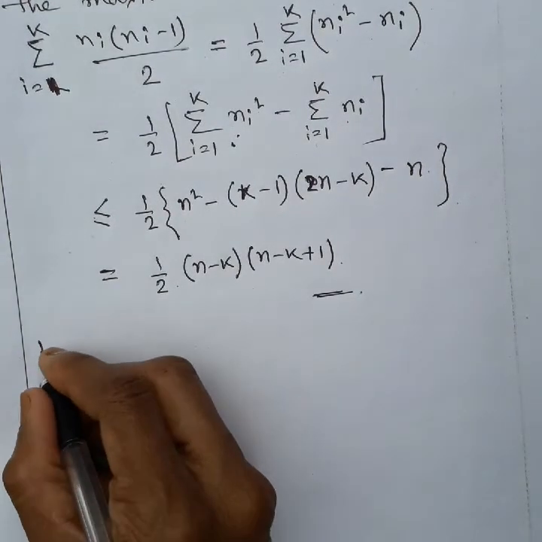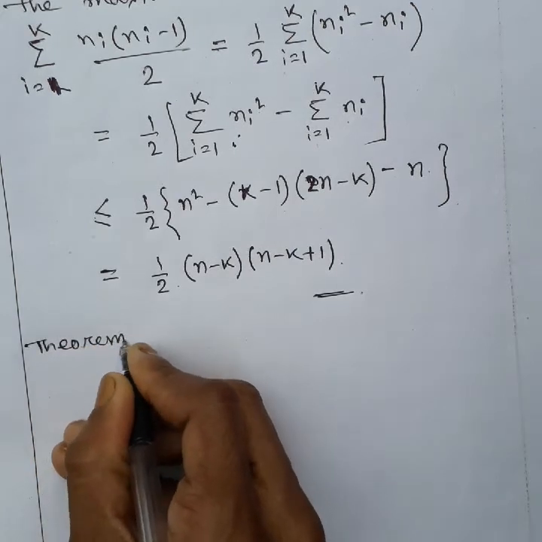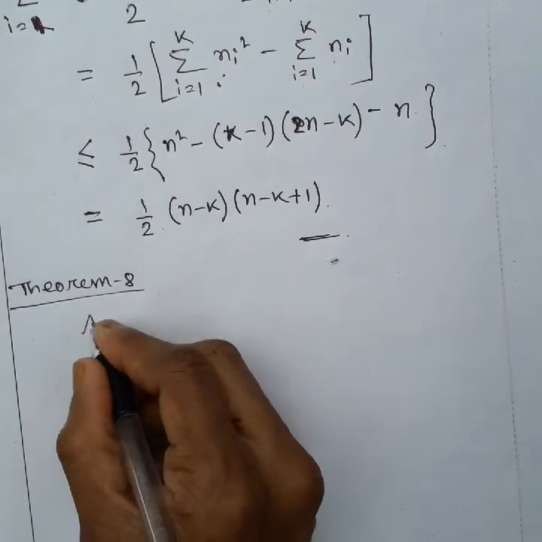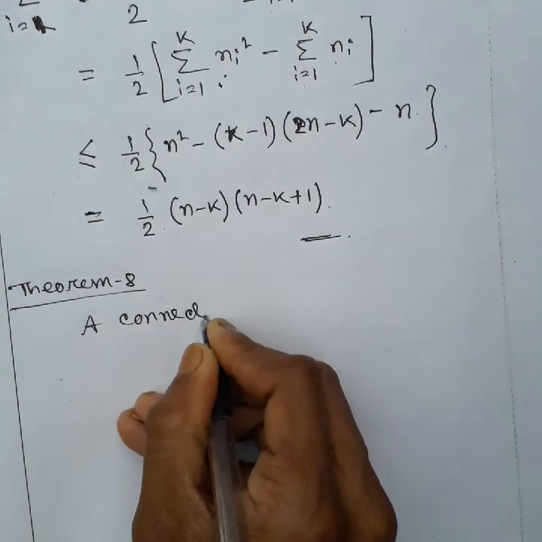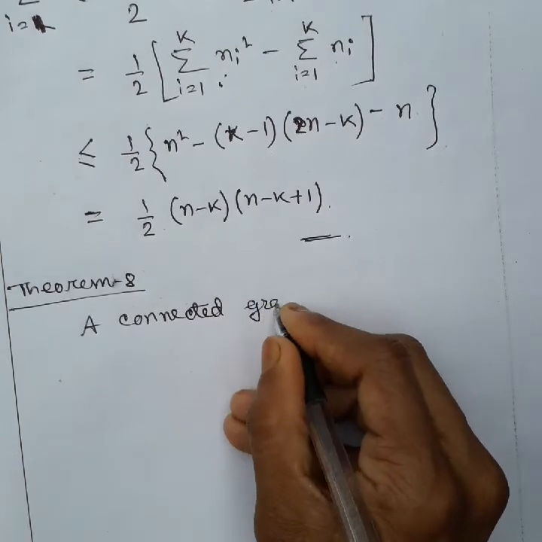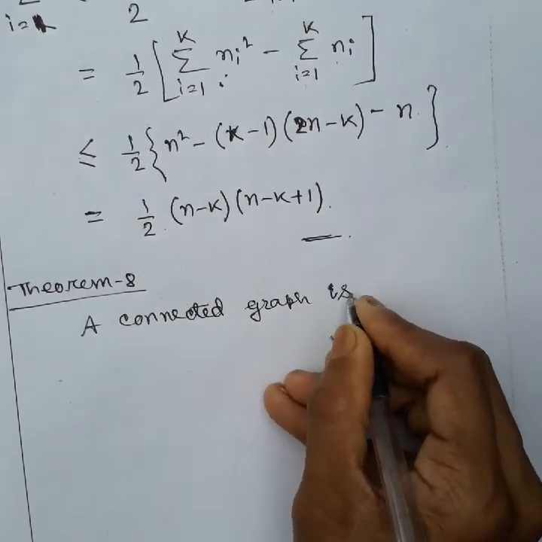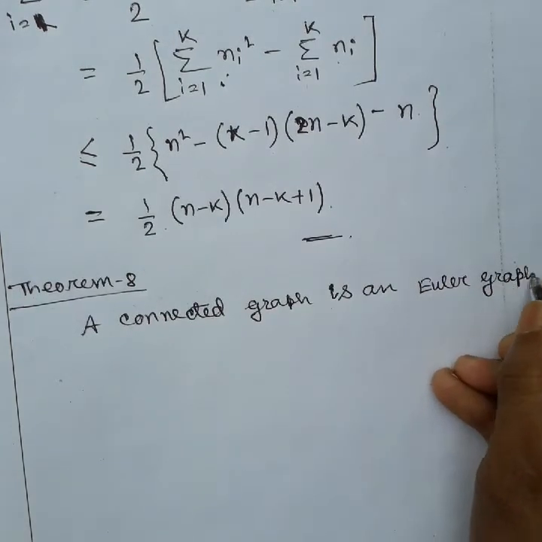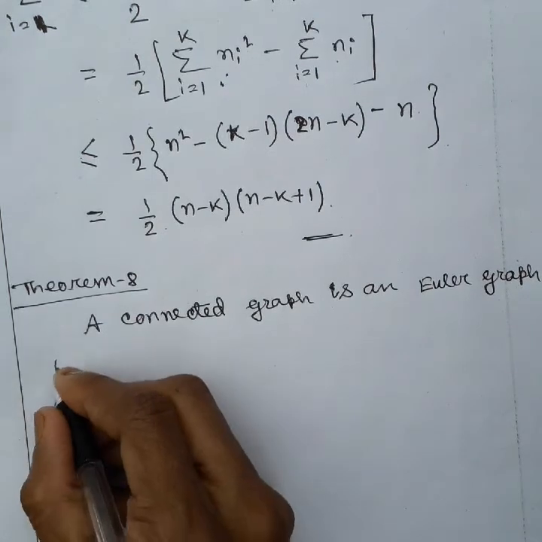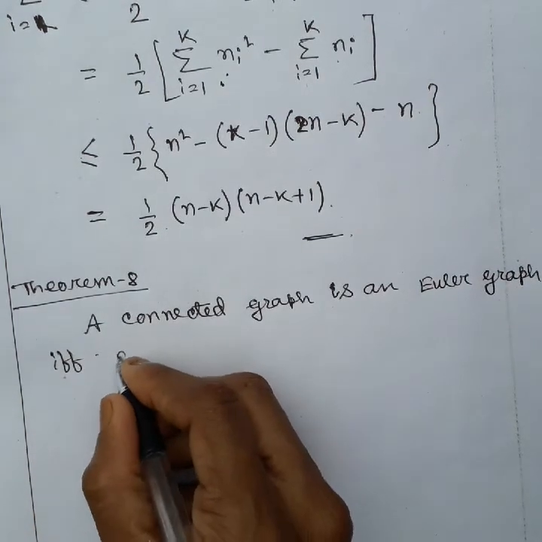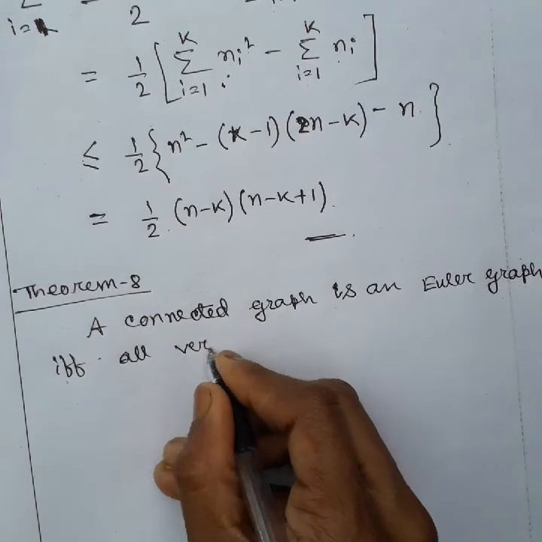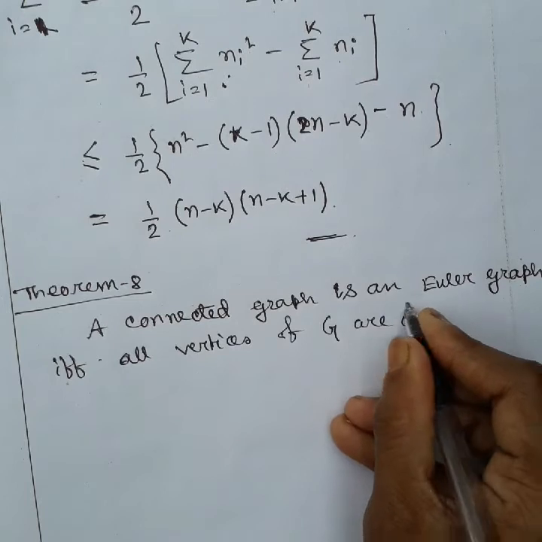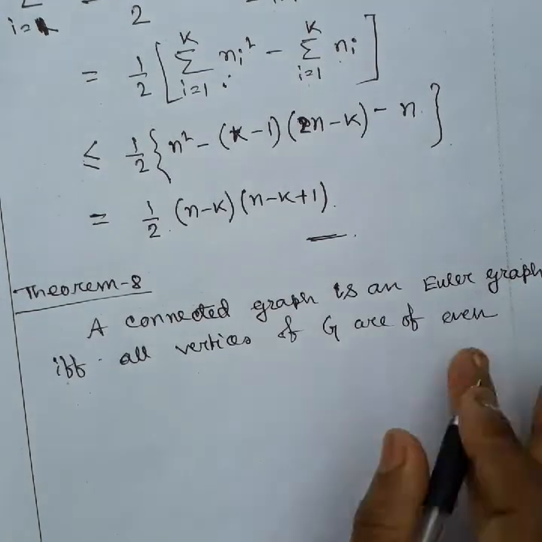Okay, there is another theorem also. A connected graph is an Euler graph if and only if all vertices of G are of even degree.